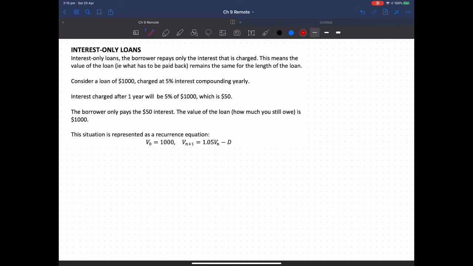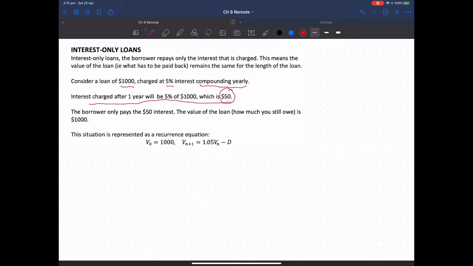So if you look at the example I've written down for you, consider a loan of $1,000 at 5% compounding yearly. So we're only going to have to adjust this once a year. Why? To make this an easy example for you to see. Interest in the 1 year, 5% of 1,000 is $50.